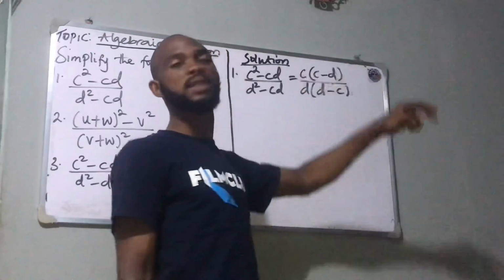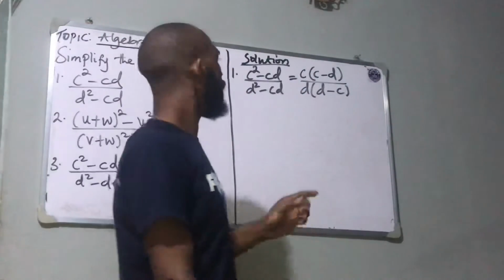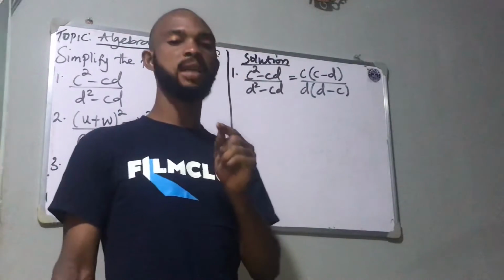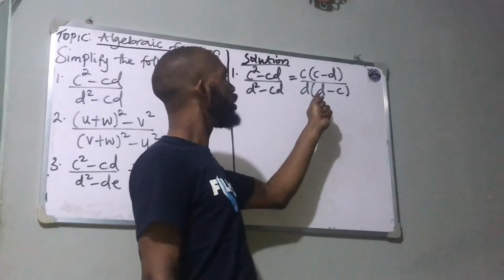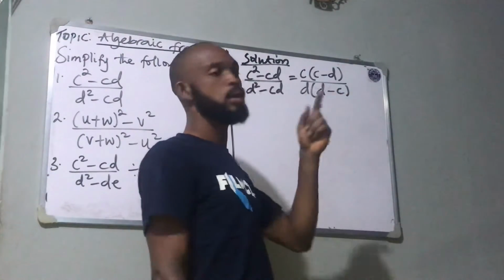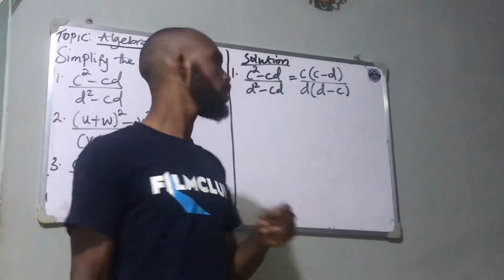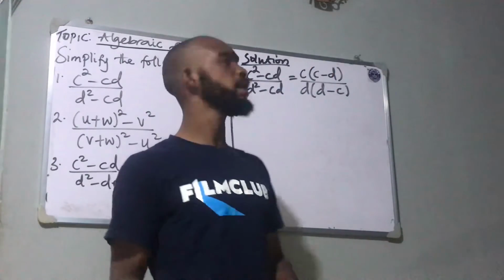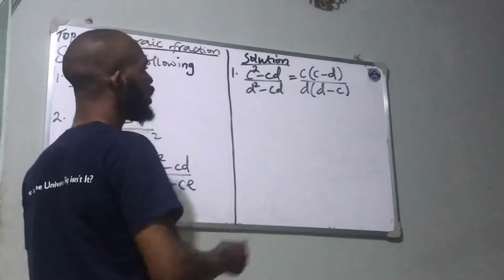They are still not the same. So what do we do? What if we decide to multiply the denominator by a negative sign? That way, the sign of this c will change, while the d will have a new sign, which is minus. Of course, we can now switch and we'll have the same thing as the numerator. So let's try that. Multiply the denominator by minus.